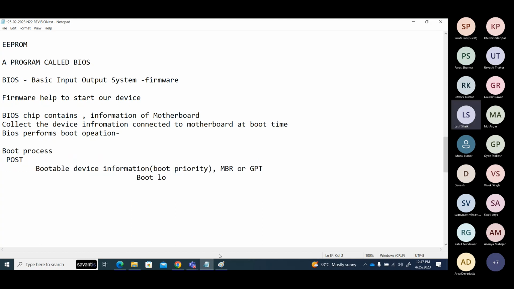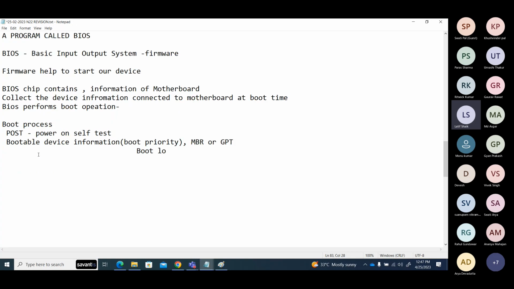First one is POST, power on self test. Do not forget that. What is power on self test? When you power on your device, first it will test to make sure that your primary devices like RAM, CPU, and motherboard components are working or not.